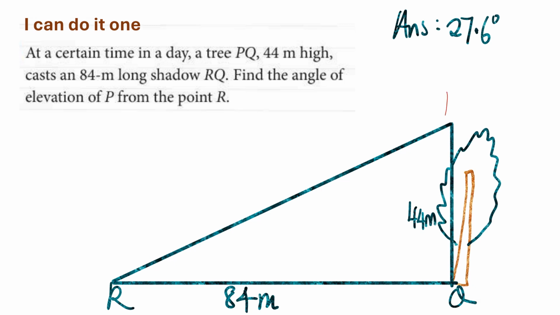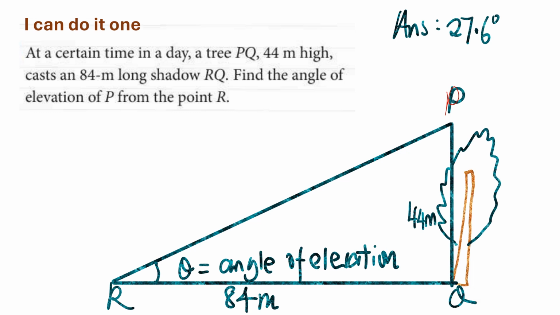P is here. Okay, and you are asked to find the angle of elevation of P from the point R. So which is the angle you're supposed to find? Yes. Sorry, I did label that. So that's the angle of elevation you need to find. Try to do it on your own, and the answer you should get is 27.6. I am very sure you should be able to do it on your own.